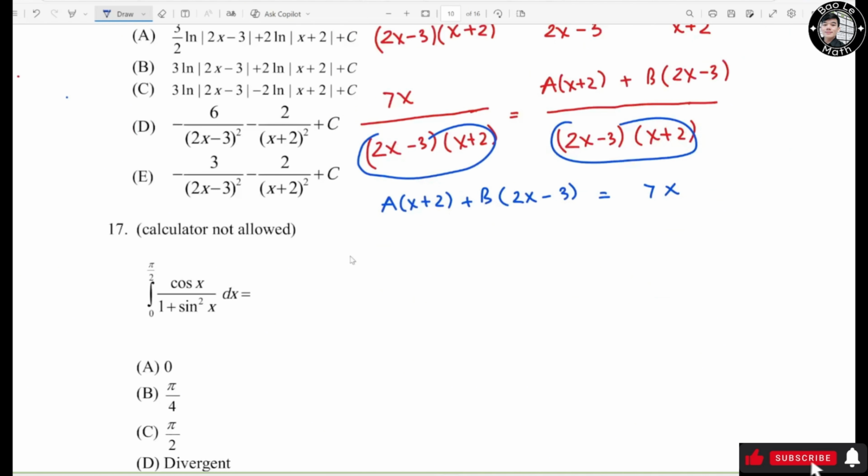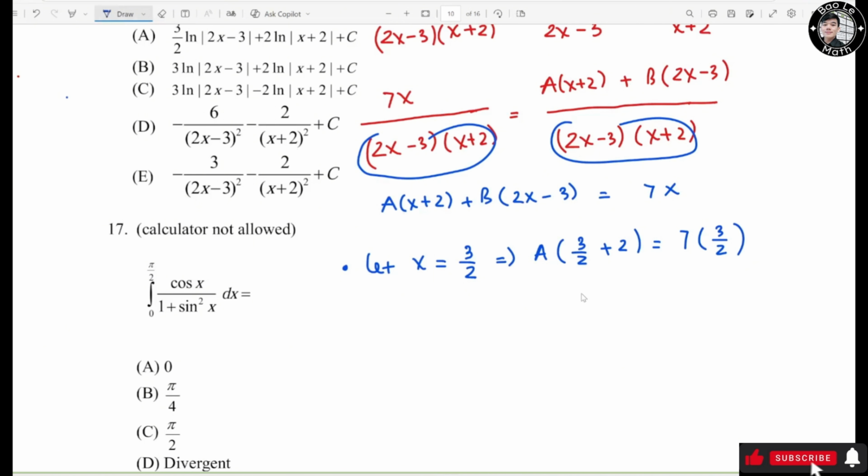Now to solve for A, we just let s equal 3 over 2, so that B is gone. We substitute 3 over 2 for s, so we have A times 3 over 2 plus 2 equals 7 times 3 over 2.